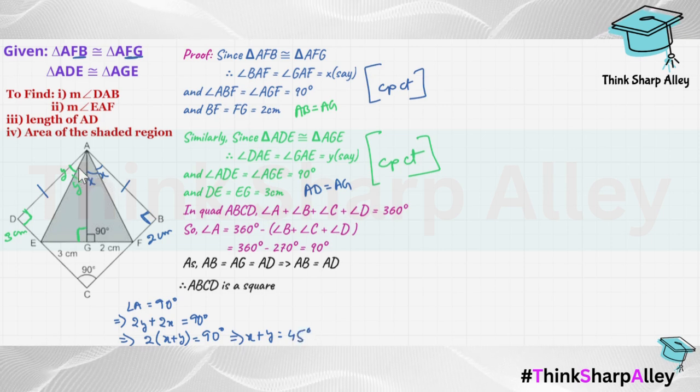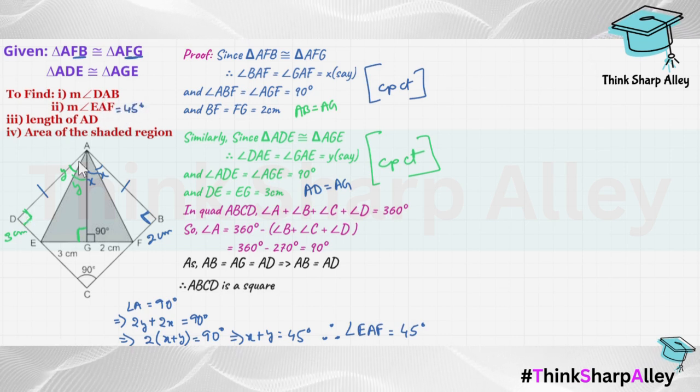Now what is x plus y? Can't I say x plus y is angle EAF? So we have got measure of angle EAF. Therefore, angle EAF is equal to 45 degree.